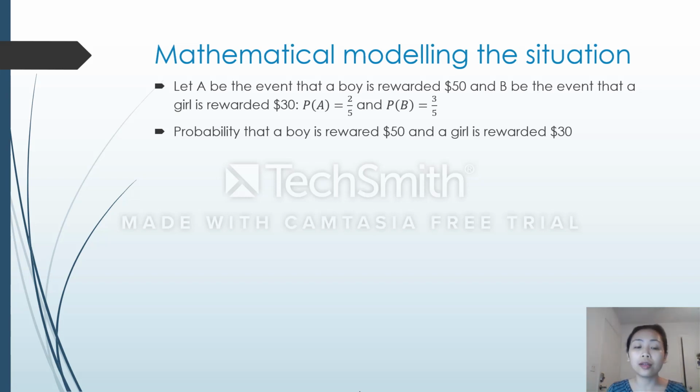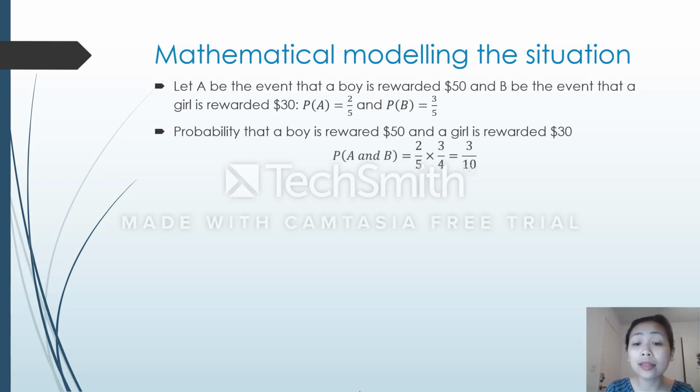So this event is two events occurring at the same time. So the probability that a boy is rewarded $50 is 2/5. However, the probability that a girl is rewarded $30 in this situation is not 3/5. So let's look at the answer.